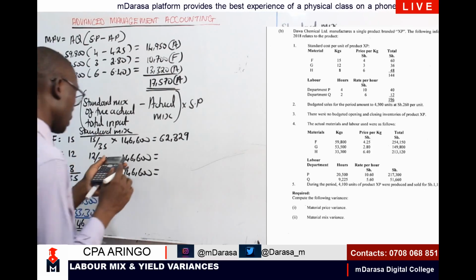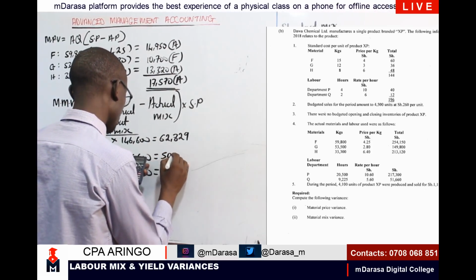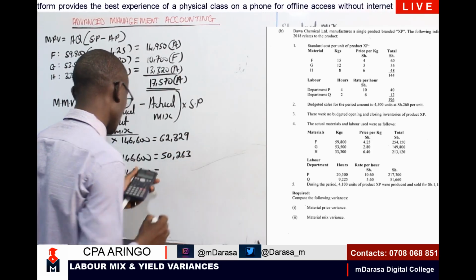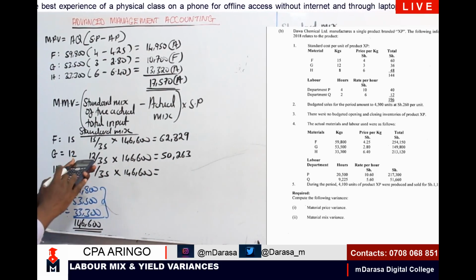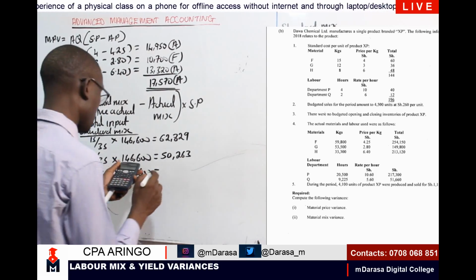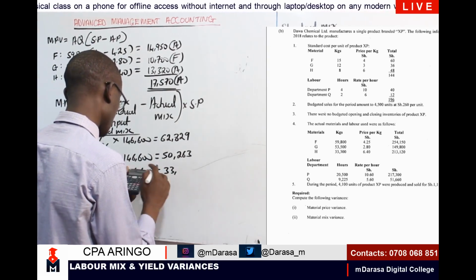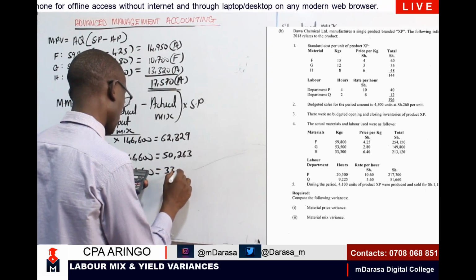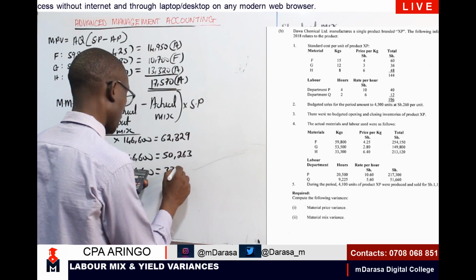This should give us 50,263. Then 8 of 35 times 146,600. This should give us 33,500, and that is of course 33,509.